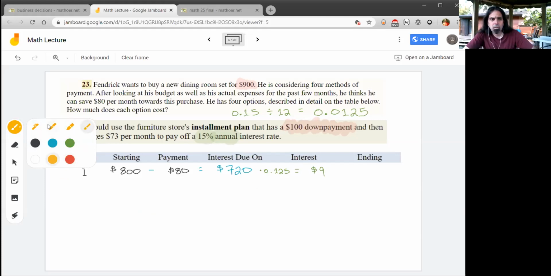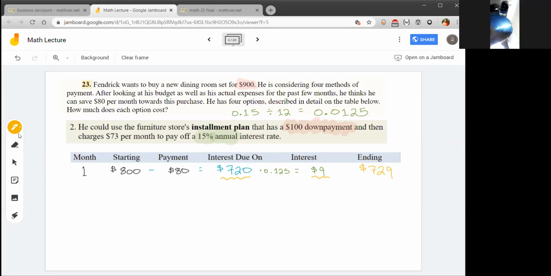Add back on the interest, and we're done with the first month. Questions about that? That's 125.